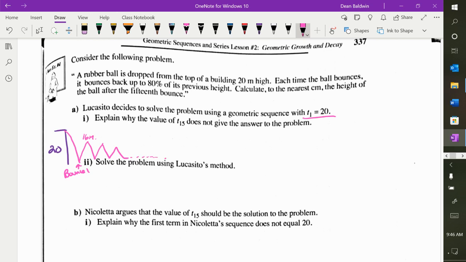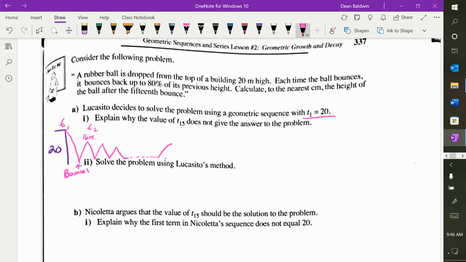If I'm calling this T1, the initial height, after the first bounce I get T2, right? After bounce 2, I get T3. After bounce 3, I get T4. So after bounce 14, I get T15.